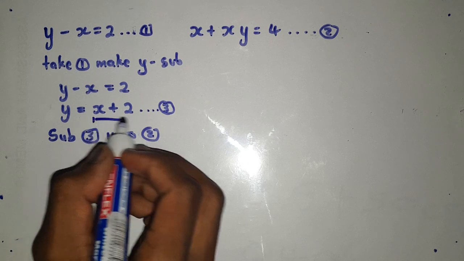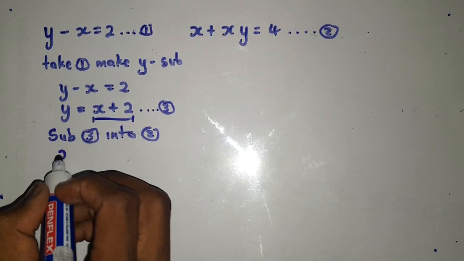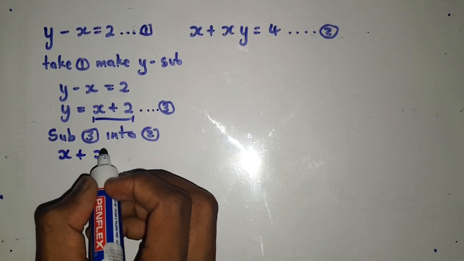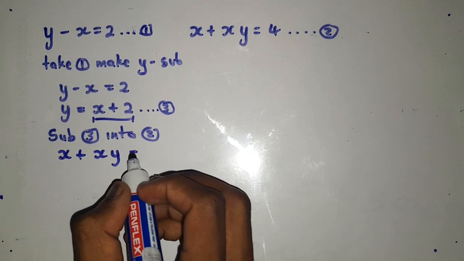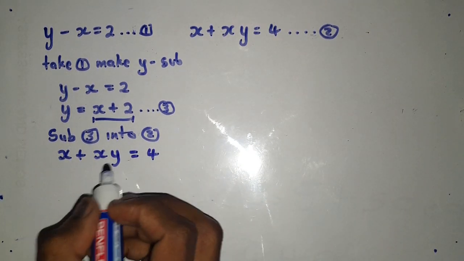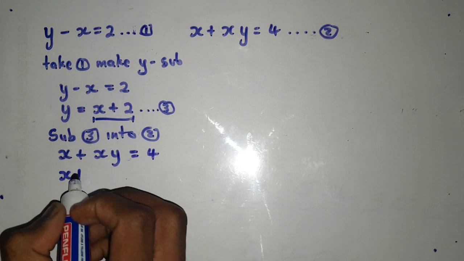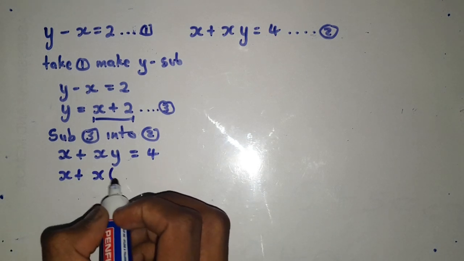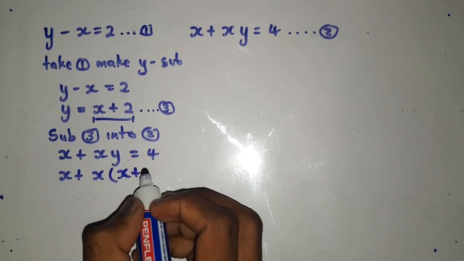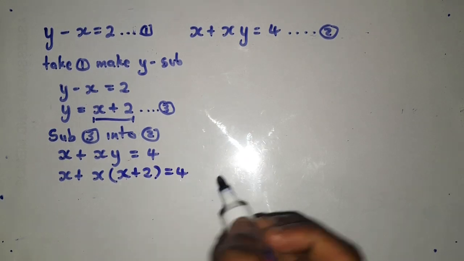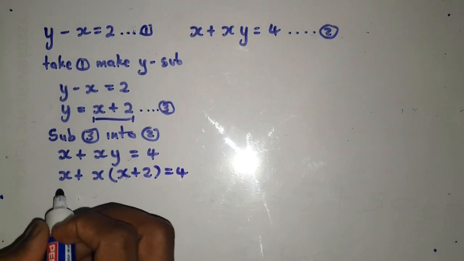I have x plus xy. Let me write it first. Then where you see y, I'm going to substitute, open bracket, x plus 2, is equal to 4, like this. Then let us solve.